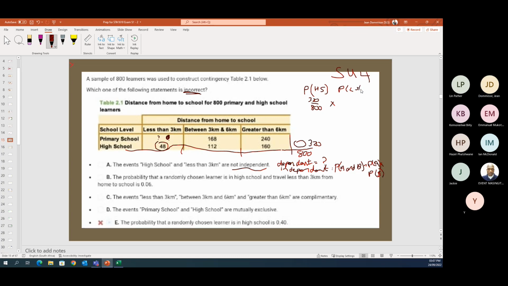So we also need to work out each of these to see what that gap is. If the total is 800 and high school is 320, then the probability that somebody is in primary school is 800 minus 320, which gives us 480.